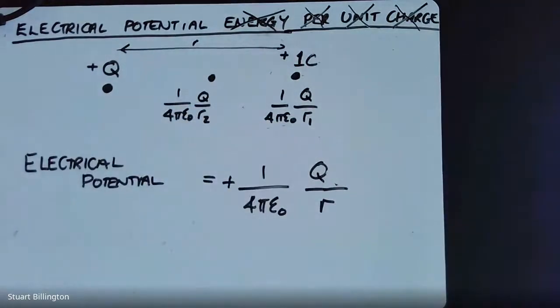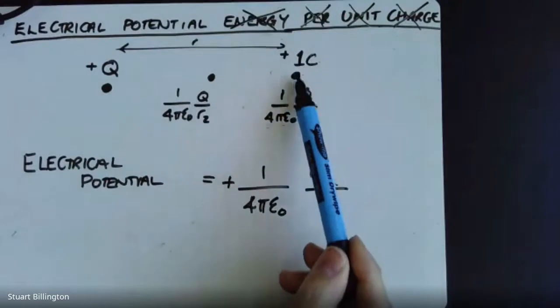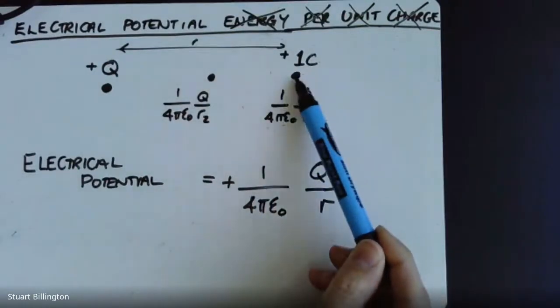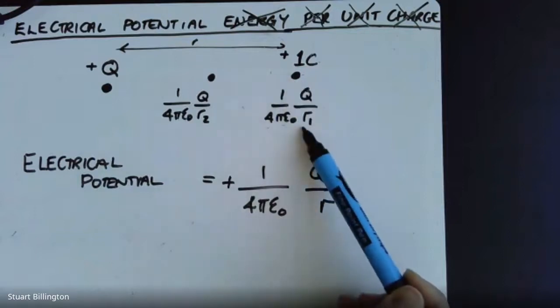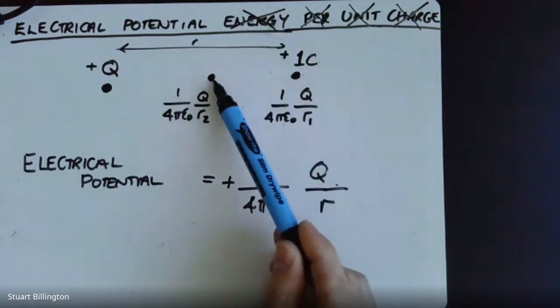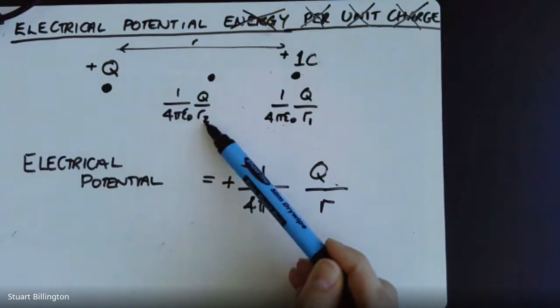And if we want to know what the difference is, how much extra work we did moving from there to there, well, that was the work we'd already put in. So that's the amount of energy it has by the time it gets to this point. And then we put in some extra work to move it to this point, at which point it will have that amount of electrical potential.